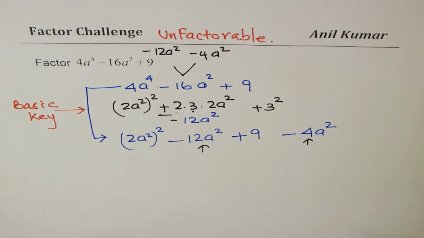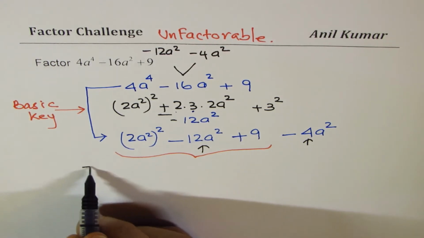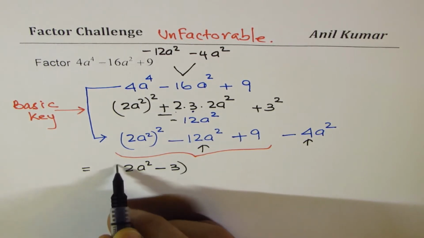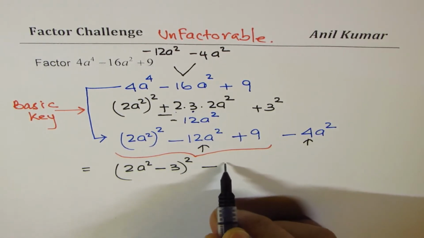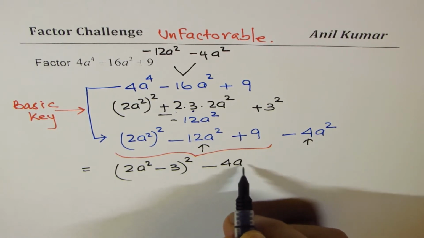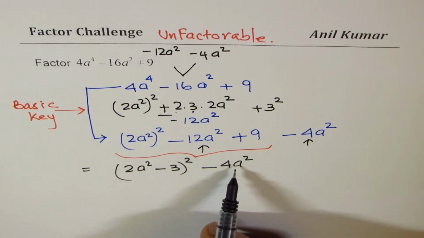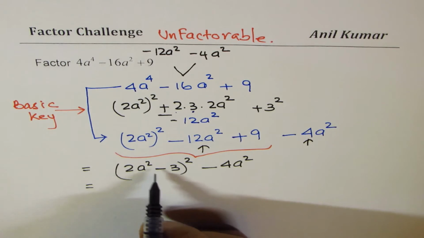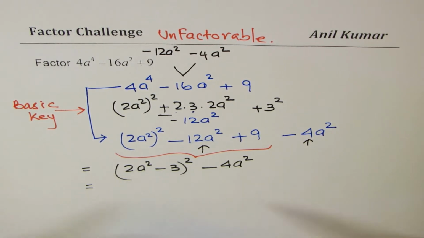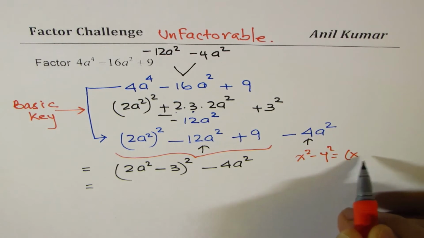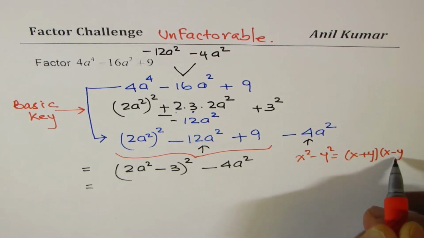Now, these three could be combined, and we could write them as 2a squared minus 3 whole square, and we have minus 4a square. Do you see that? Now that is as good as 2a whole square. So I could now factor this using difference of squares. Perfect. Now this could be factored as x square minus y square equals x plus y times x minus y.